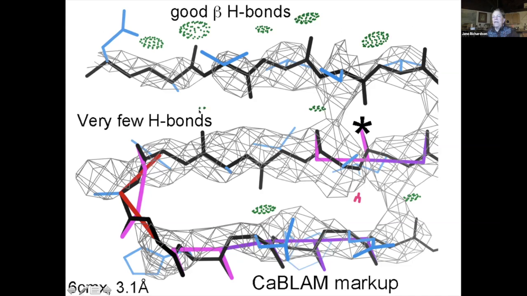But between the 2 pairs below it, there's almost no beta hydrogen bonding. But this certainly looks as though it should be beta structure. And when you fix the outliers, then you get just as good hydrogen bonding in here as you did up there. So looking for regions with very few backbone hydrogen bonds is also a good way of finding local problem regions.